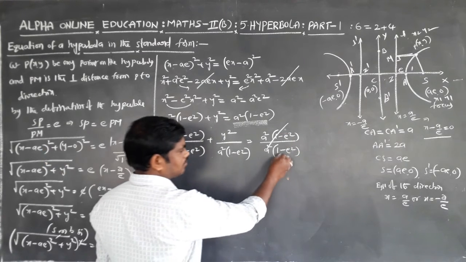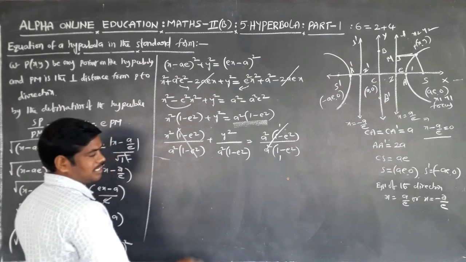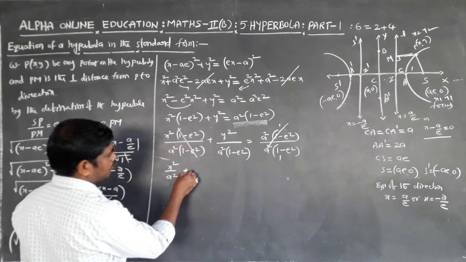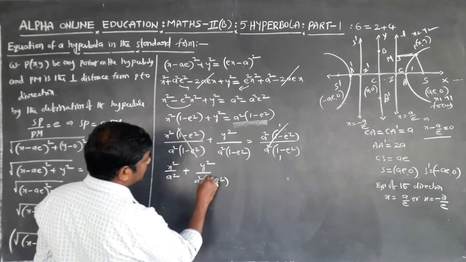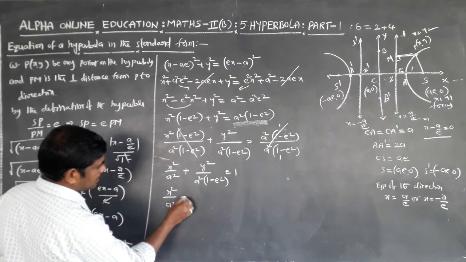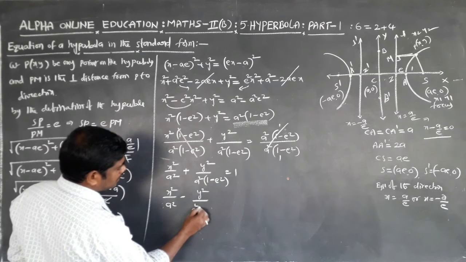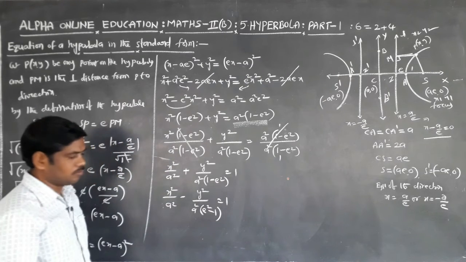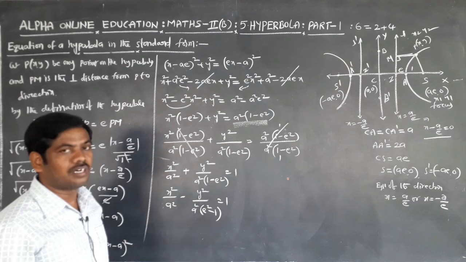The (1 minus e square) cancels, giving x square by a square plus y square by a square into (1 minus e square) equals 1. Taking minus common: x square by a square minus y square by a square into (e square minus 1) equals 1. This is the conic.